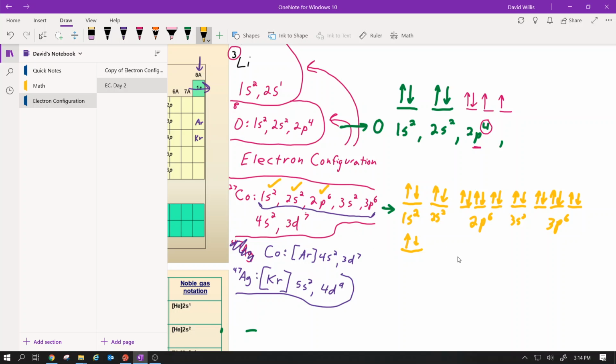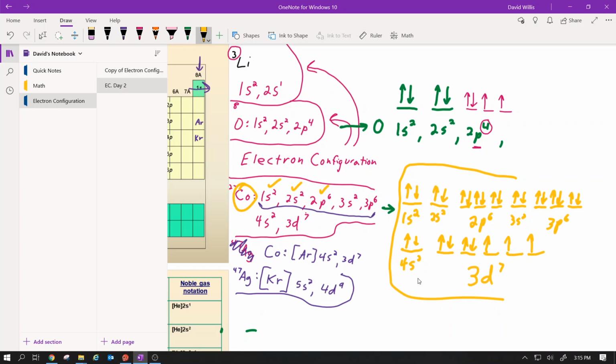And then 3d7. The d sublevel has 5 orbitals, so all of this is 3d: 1, 2, 3, 4, 5, 6, 7. 3d7. And so that is the orbital notation for cobalt.